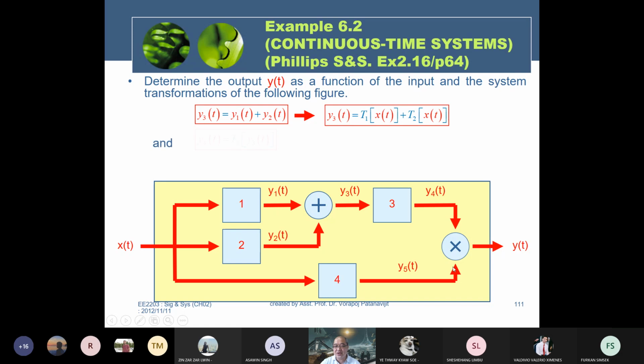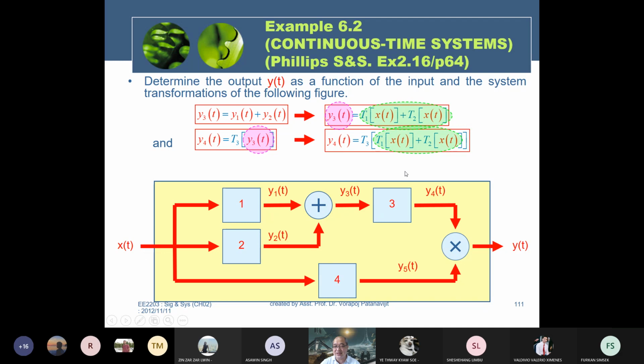Next, you express y4 equal to the transformation T3 of y3, but y3 you expressed in the previous step in terms of y1 and y2, and the real input is x(t).